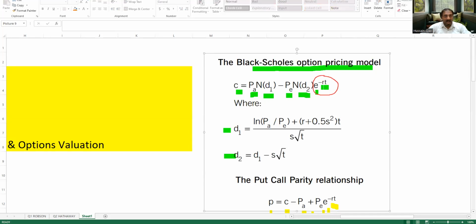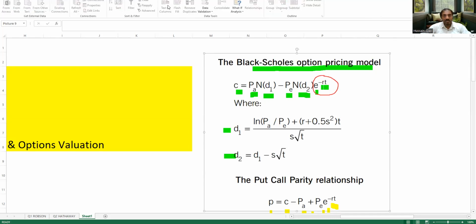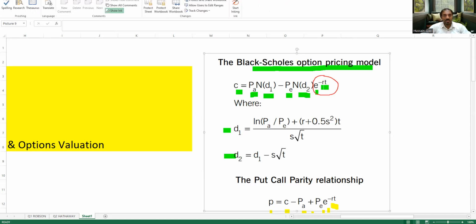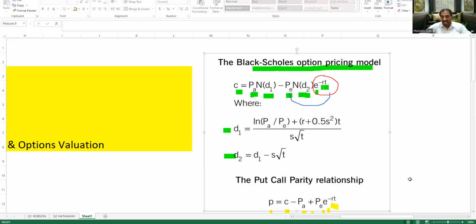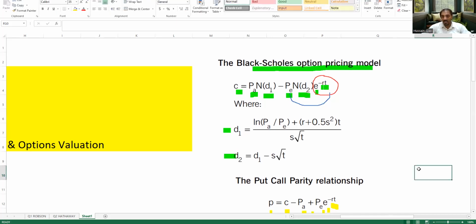Actually, this ERT applies with this PE. PE means exercise price.